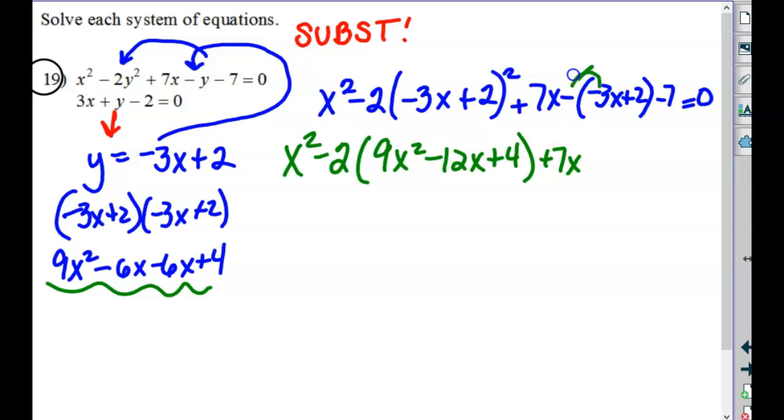And then here we're going to distribute that negative because I want to get rid of that parenthesis. So I get plus 3x minus 2 minus 7 equals 0.